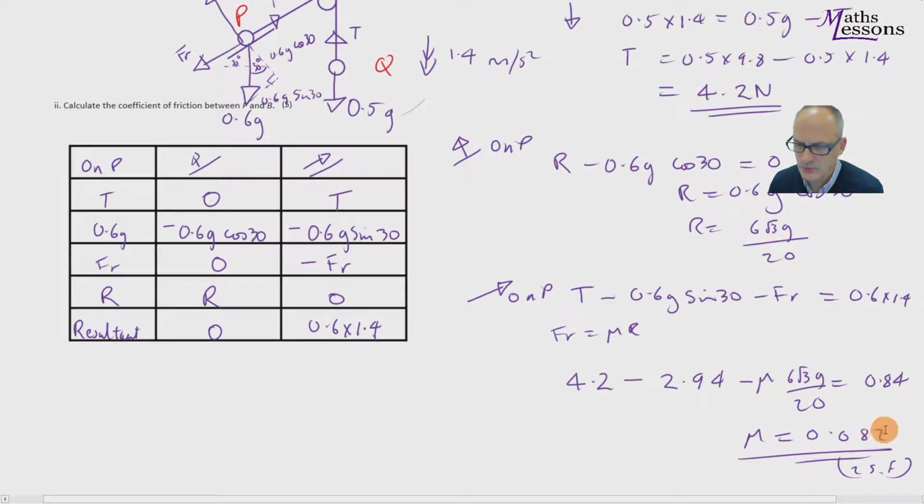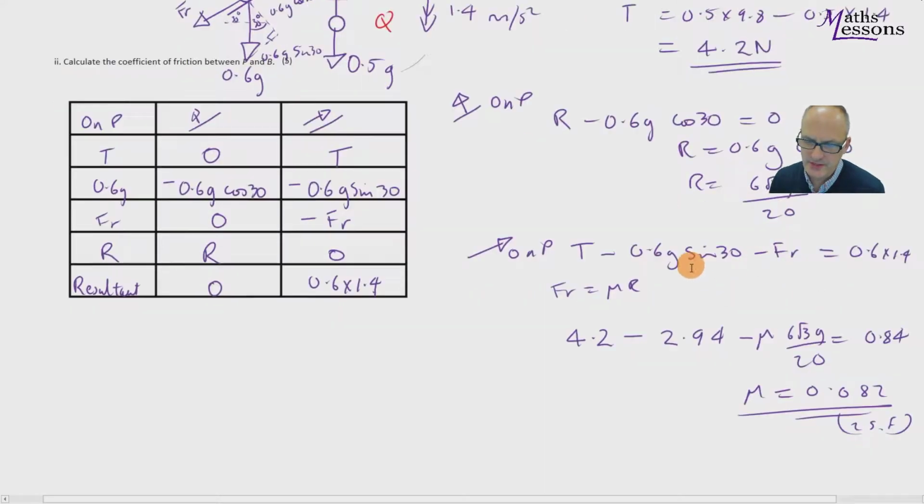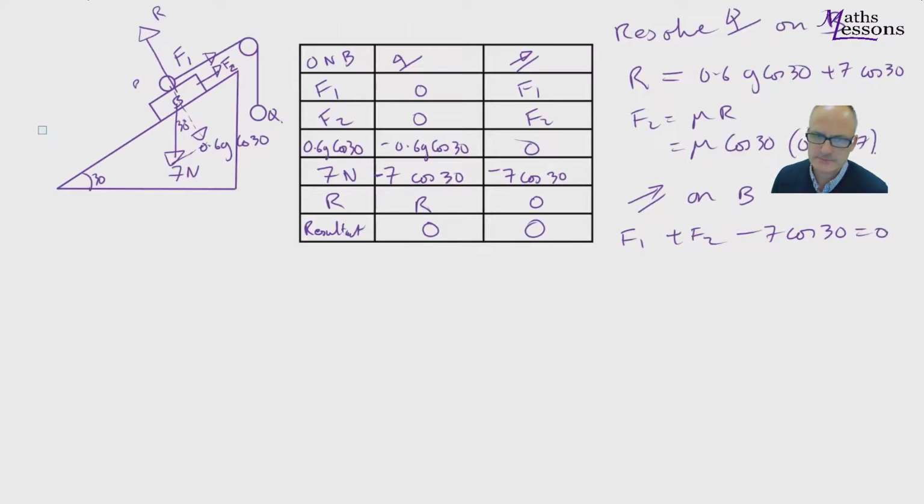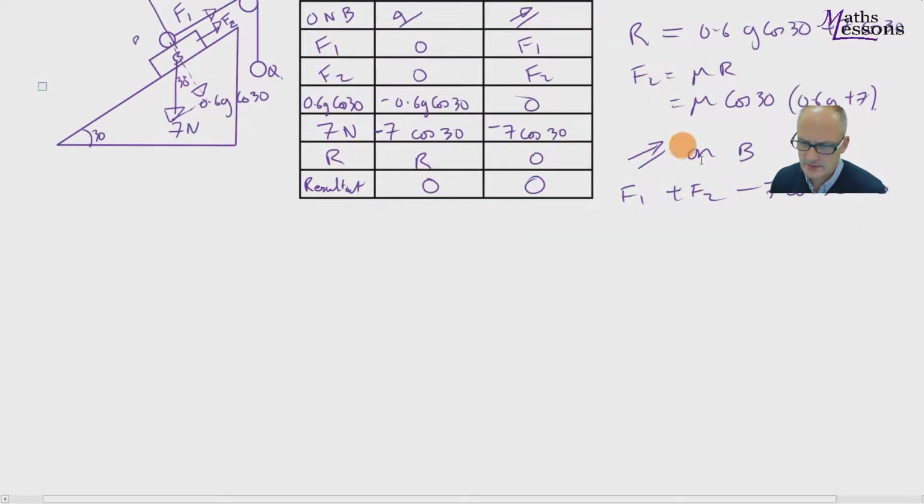So do 0.082 times 6 root 3g over 20, and that will give you 0.42 when you calculate it. So we've got 0.42 for the friction one here. So 0.42 plus mu times cos 30 times 0.6 g plus 7 minus 7 cos 30.